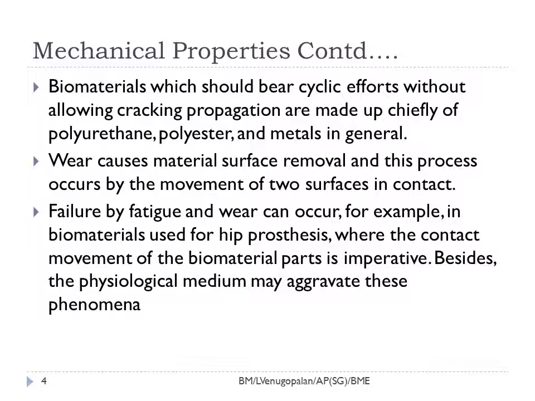Now, wear occurs when two surfaces are in constant contact with each other, when the two surfaces rub against each other. So this can occur in joint prostheses, like for example the hip prosthesis. If there is no material padding in between the hip prosthesis and the iliac fossa, then the prosthesis would directly rub against the bone.